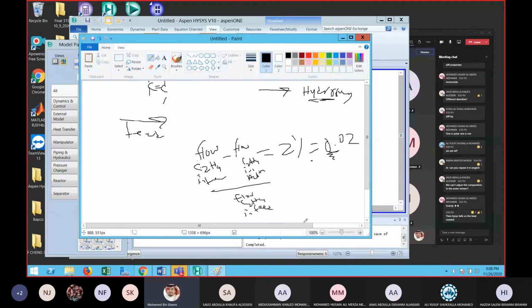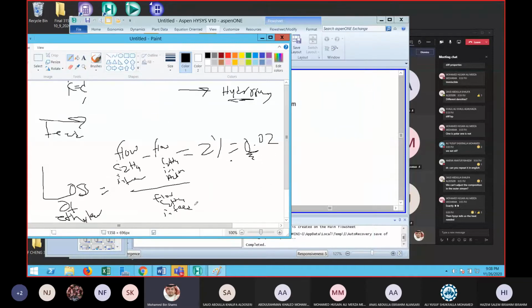This is the 0.02. We're going to call this the loss of ethylene. Why? Because I want the ethylene to be in the bottom. So if ethylene goes to the hydrogen stream at the top, it means I am losing it.